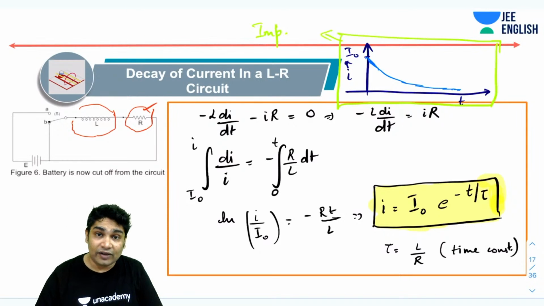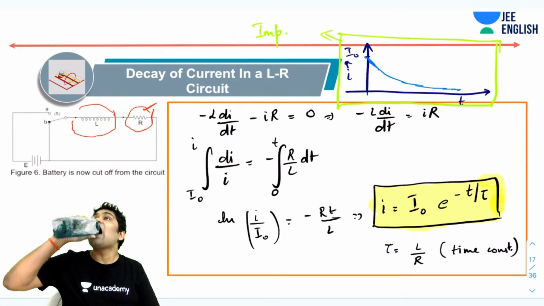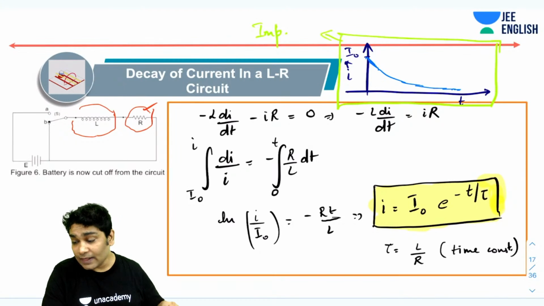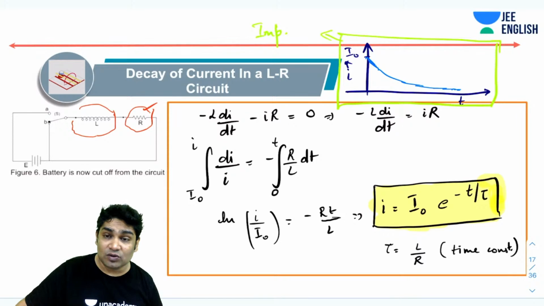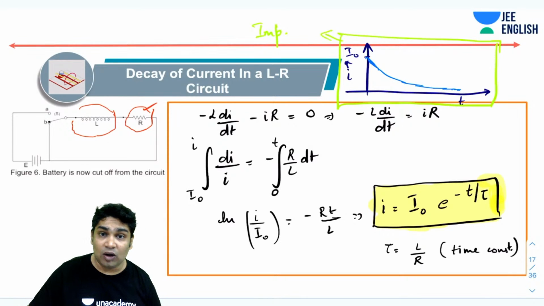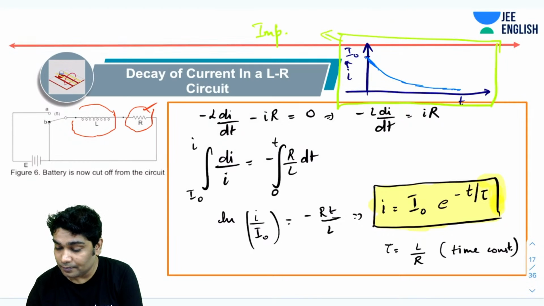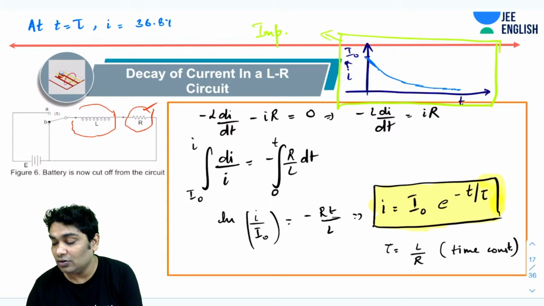Again, here, how do you define the time constant? At t equals tau, the current would be 36.8% of I naught.